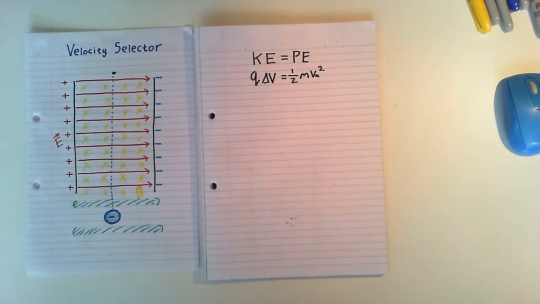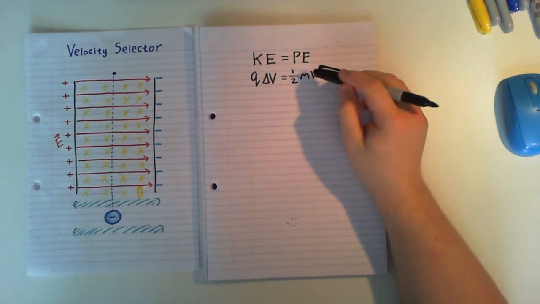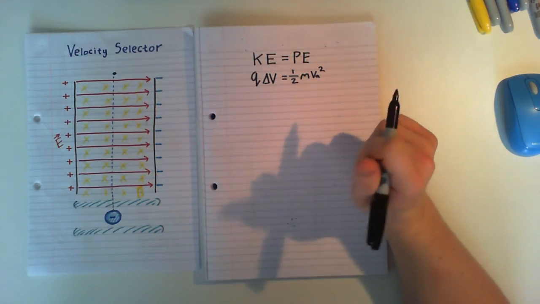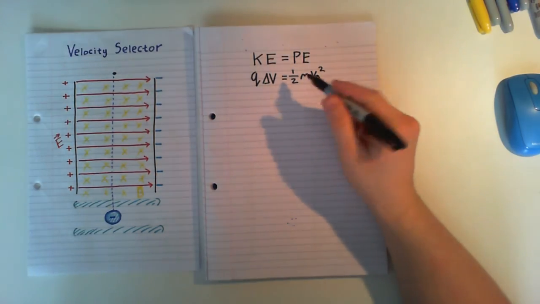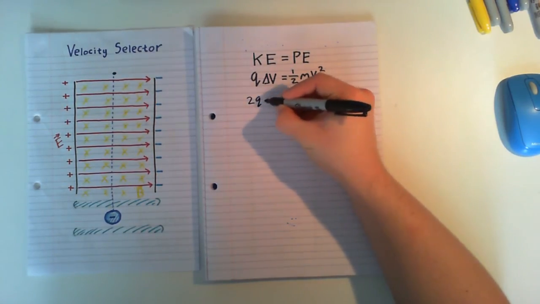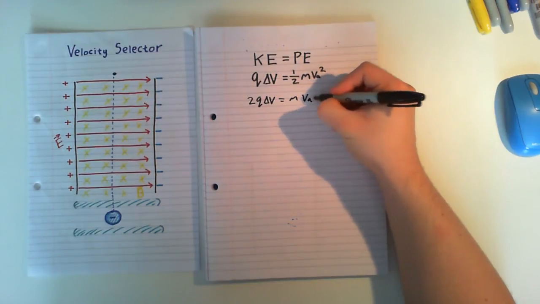So we can use our KE equals PE, and we have our Q, and this is delta V, and this v here is velocity. So now we're just going to solve this for velocity. So this is very simple. We'll multiply both sides by 2, so you have 2Q delta V equals m v_A squared.